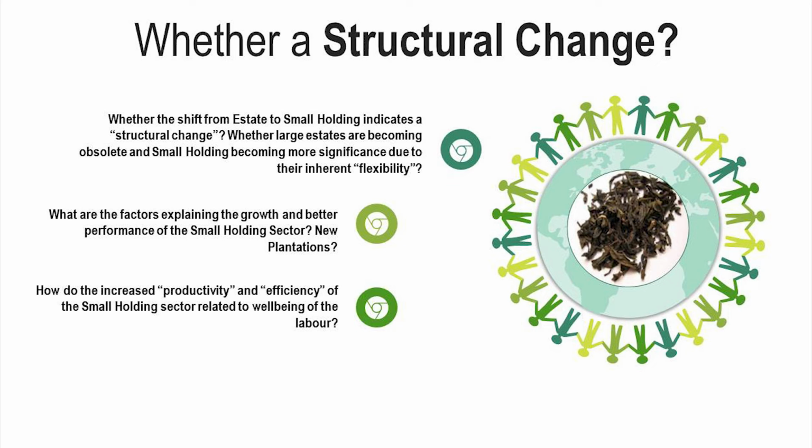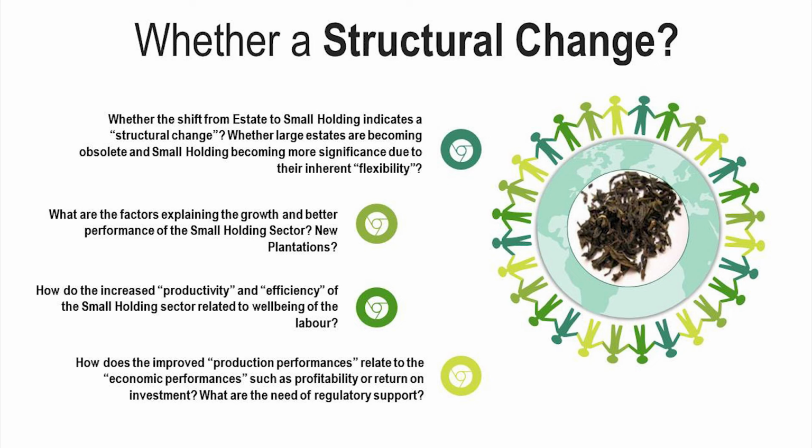And then fourthly, how does the improved production performance relate to economic performance, such as profitability or rate of return on investment of the small growing tea sector as well? So what is the need for regulatory support in that context? This relates to the question of remunerative prices for their leaves. For instance, for the raw leaves, they do not have the processing unit.